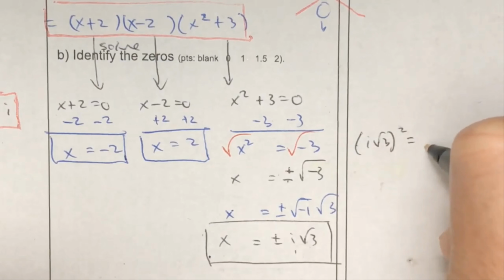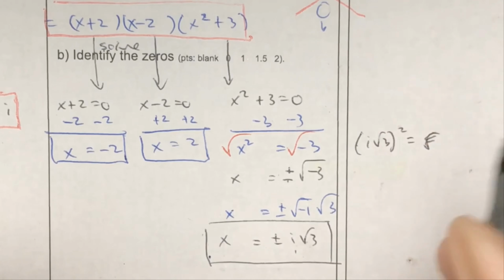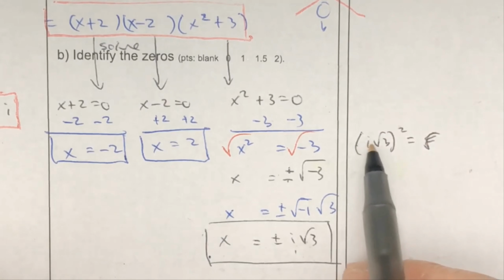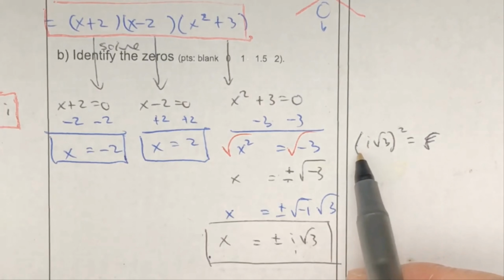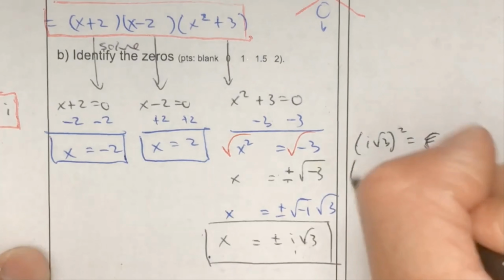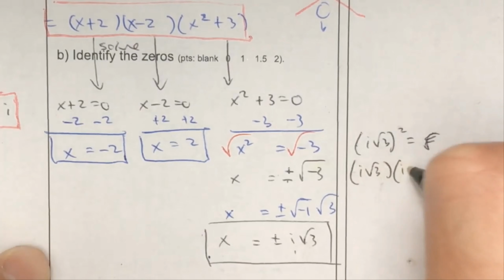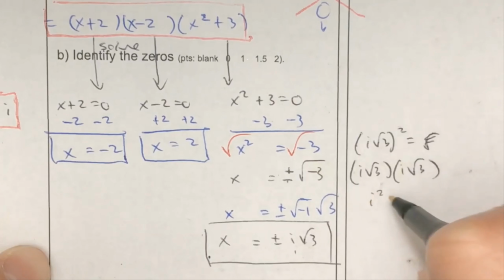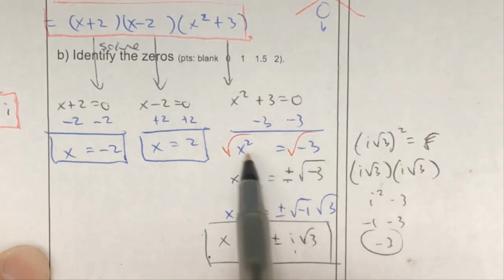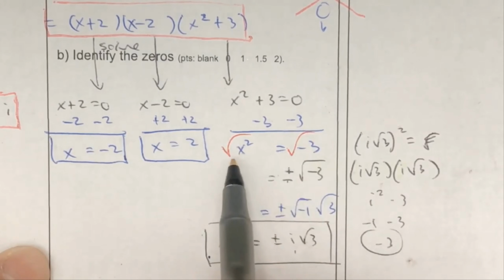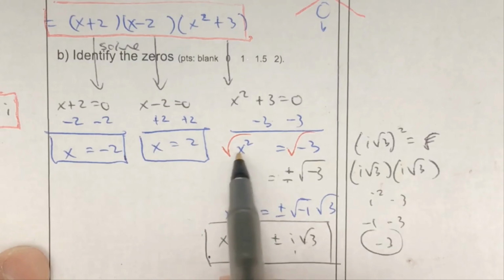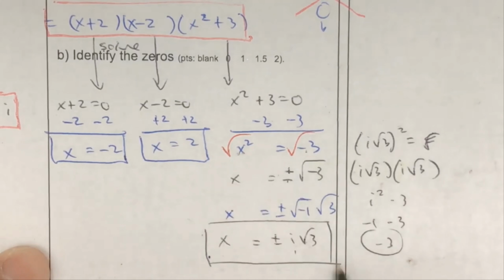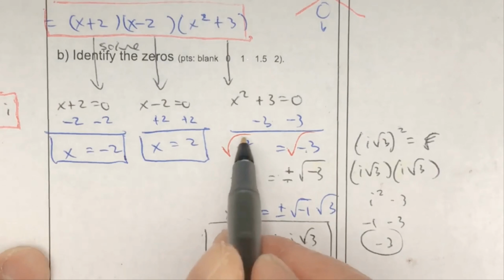I radical 3 squared would just be i radical 3 times i radical 3, which is i squared times 3, which is negative 1 times 3, which is negative 3. So that proves to you that if you put in positive i radical 3 or negative i radical 3, it'll equal negative 3. So there's two answers that you can put in for x. Squared will give you negative 3.